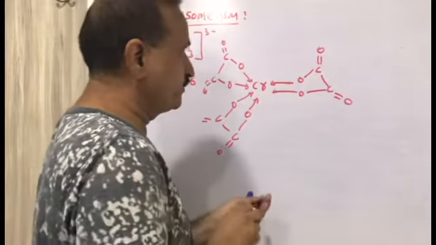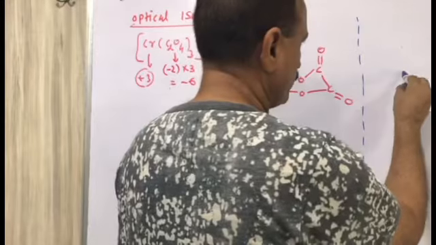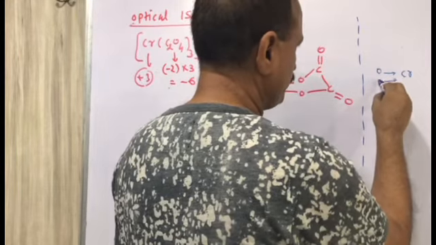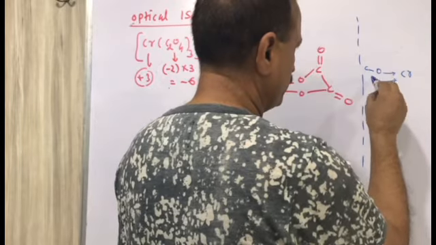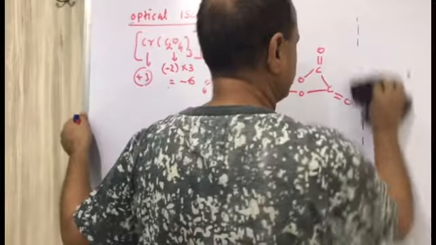What will the mirror image of this one be? Chromium, oxygen as it is, carbon. I have to draw properly.